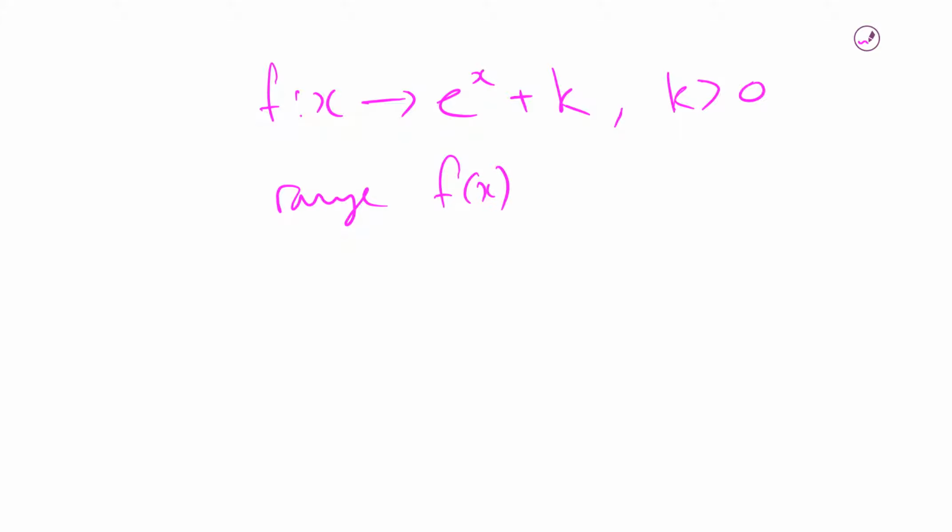This is testing your understanding of what's happening. Fx is greater than k. Yeah, that's it, very good. Cool. Part B, what's it saying? Find f of ln k. That's a good one.